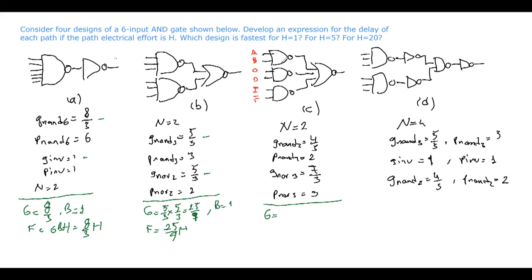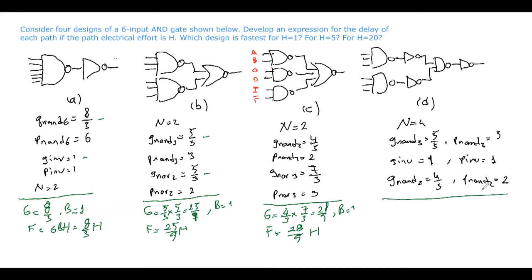Now we have a 2-input NAND gate and a 3-input NOR gate. It's going to be 4/3 times 7/3, which is going to give me 28/9. Again, B is 1. What is my F going to be? It's going to be 28/9 times H.